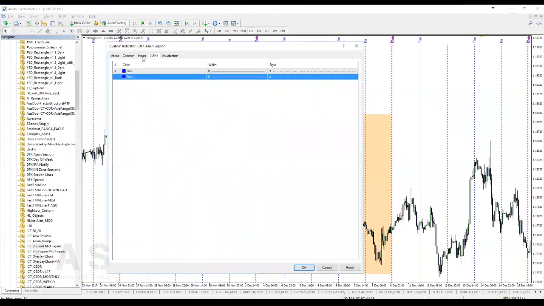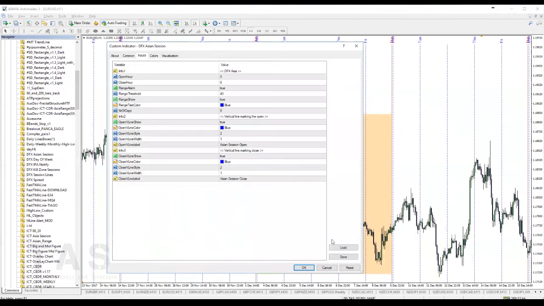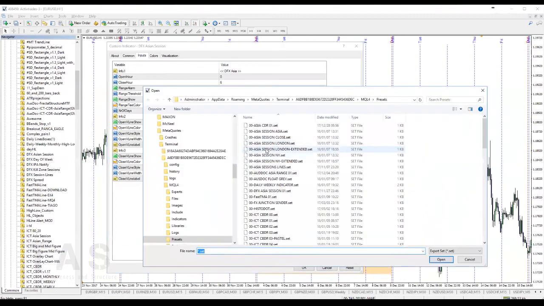Let's look now for London. Let's put London.